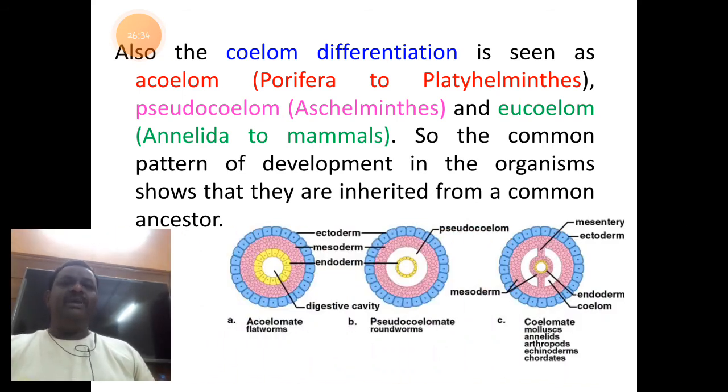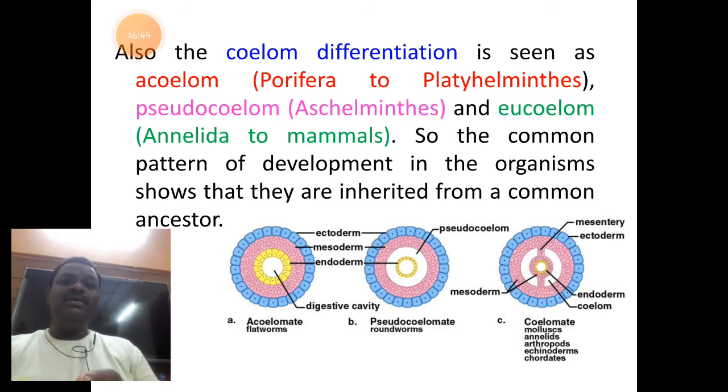Now, the next condition is called coelom differentiation. It is also a common process that we see in most groups of organisms.